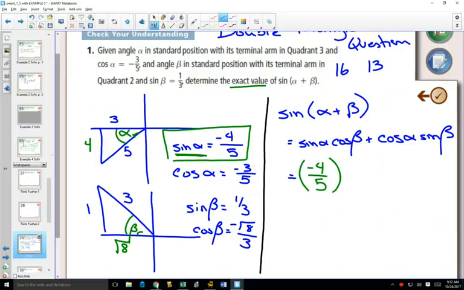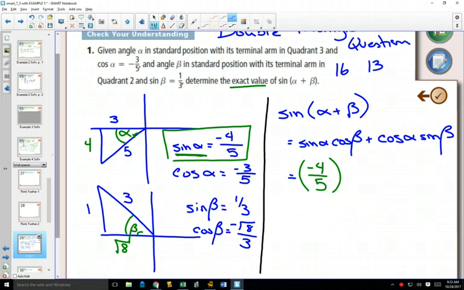The common mistake is people continue to write the sine and put the 4/5 inside. So if you made that mistake, you wrote the sine again, you don't know what alpha is. But you do know what all of sine alpha is. So you replace all of sine alpha with negative 4/5.